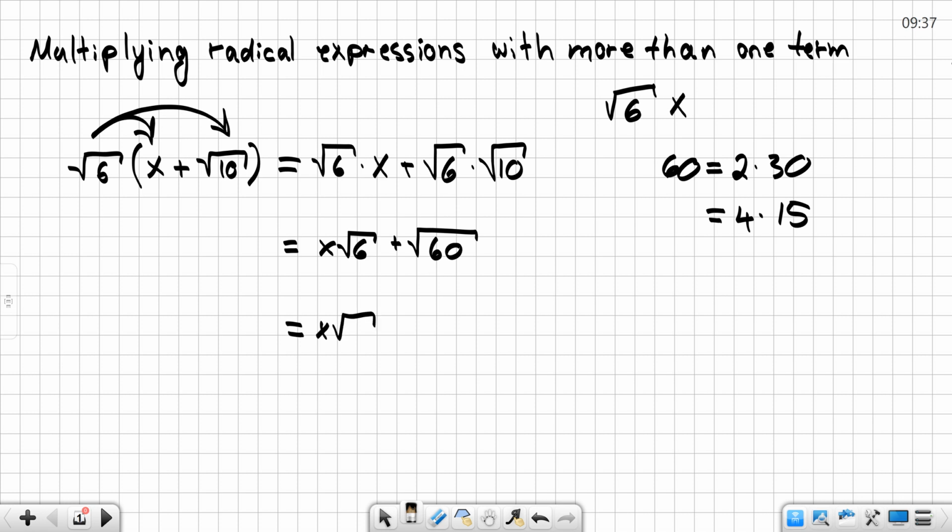That makes the square root of 60 the same thing as the square root of 4 times the square root of 15. And of course the square root of 4 is just 2. So we will always simplify if there is something that I can simplify when we multiply these things out.